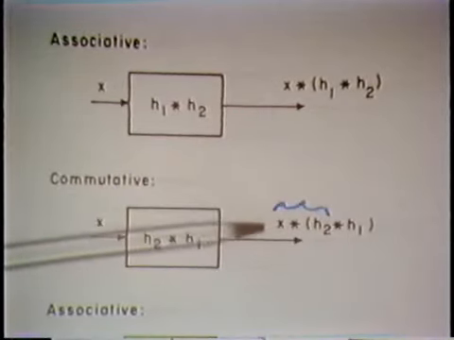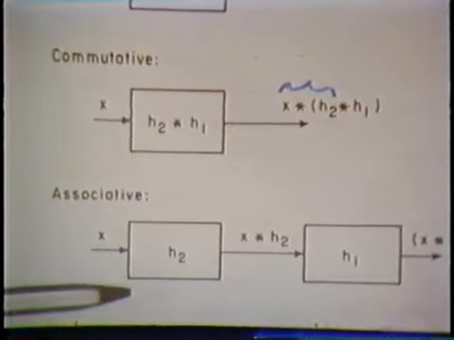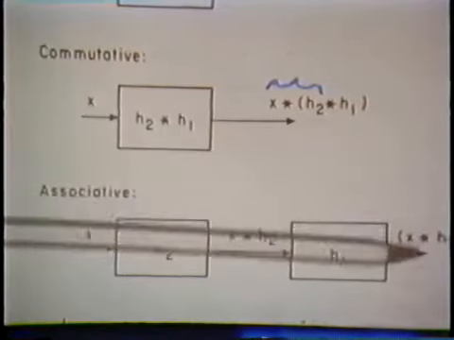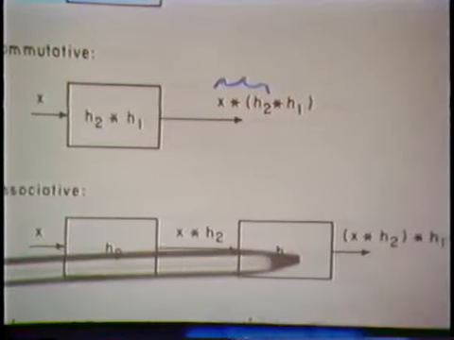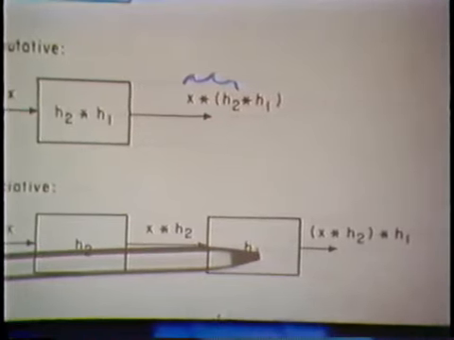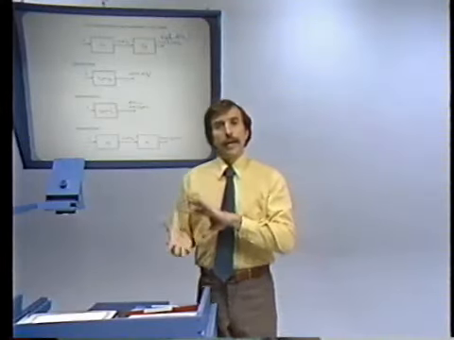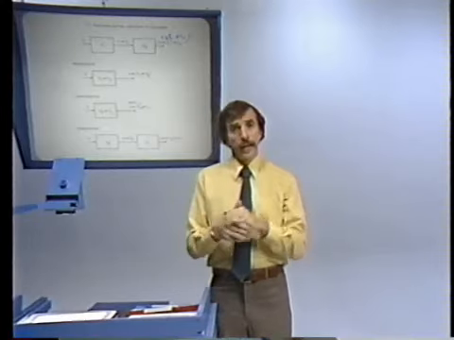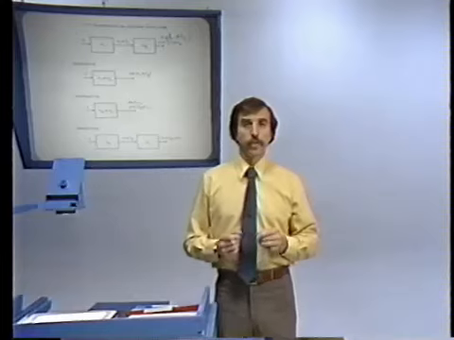And so finally, applying the associative property again, we can expand that system back into two systems in cascade with H2 first and H1 second. Okay, well, that involves a certain amount of algebraic manipulation, and it's not the algebraic manipulation that is important, it's the result that is important.